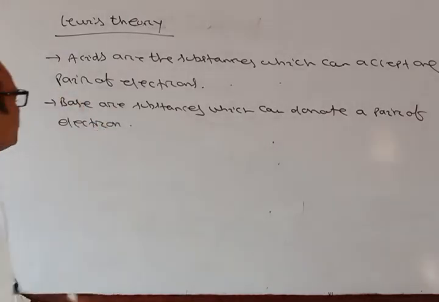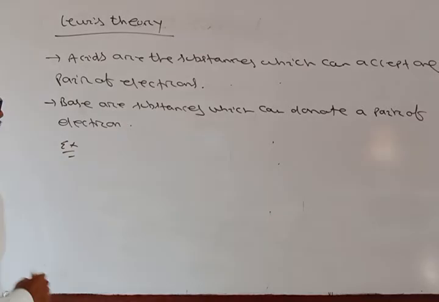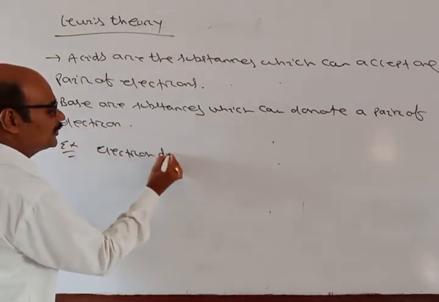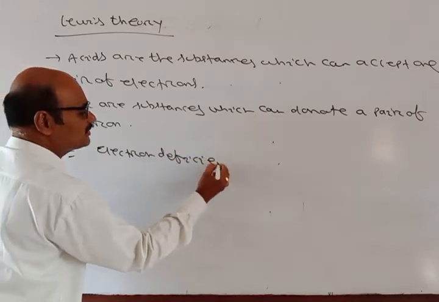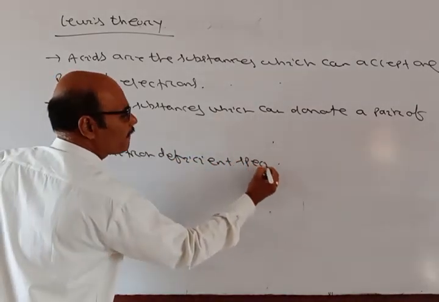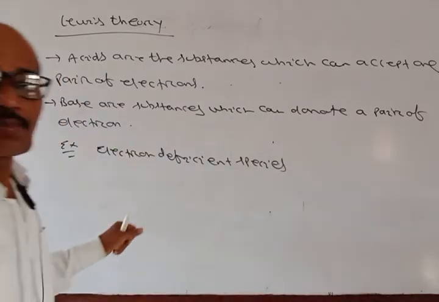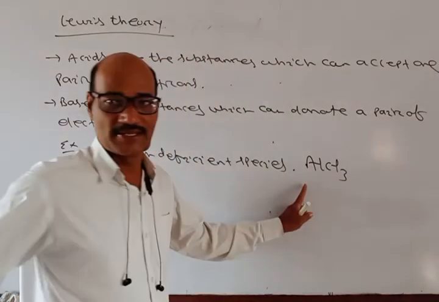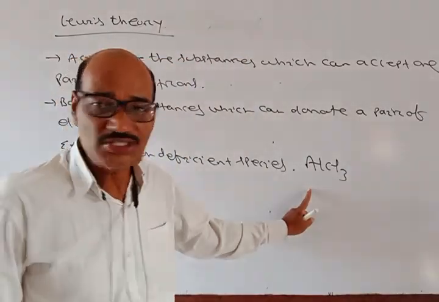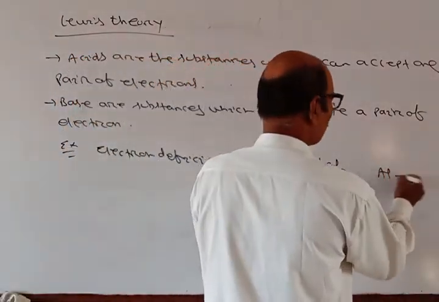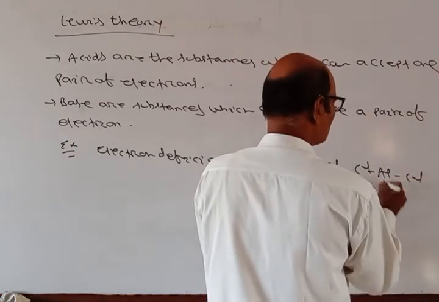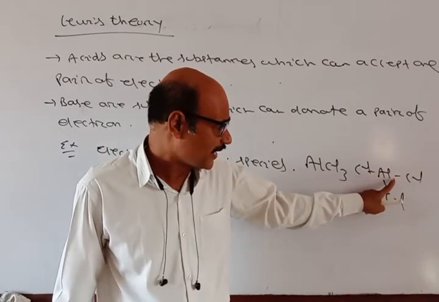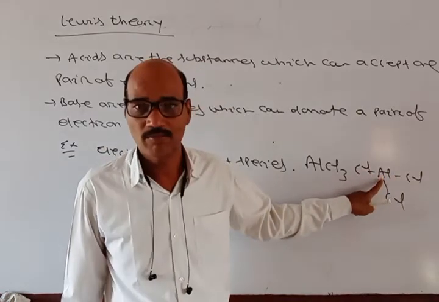Okay, so let us see electron deficient species. For example, if I take AlCl3, here Al, Cl, Cl, Cl, that means 6 electrons are there around this aluminum atom.